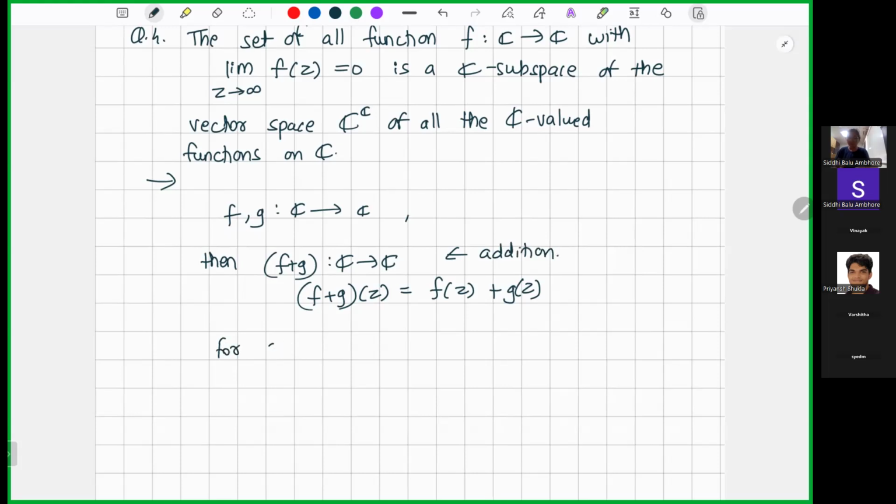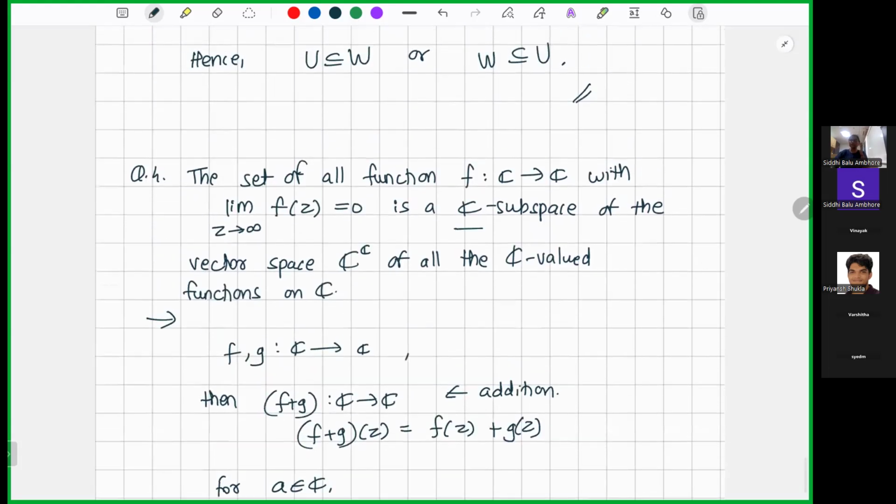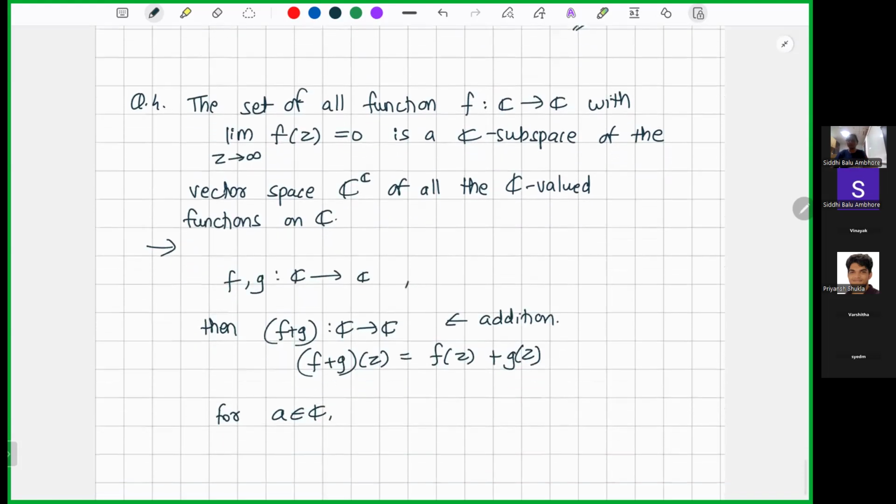This is addition and scalar multiplication for C^C. Now let us take alpha in complex numbers. So we are now looking at it as a C subspace, so the scalars are now coming from complex numbers.